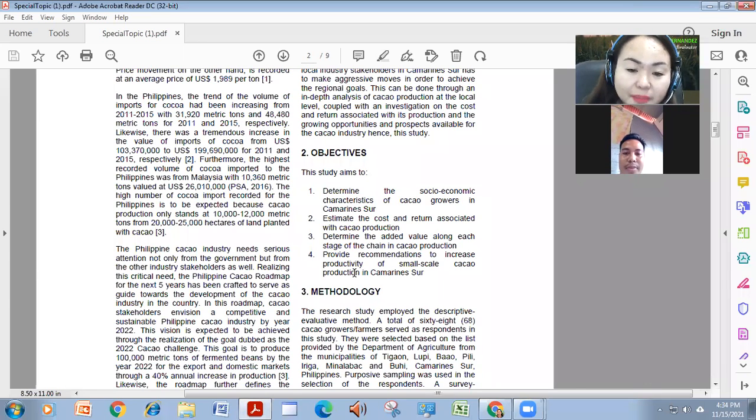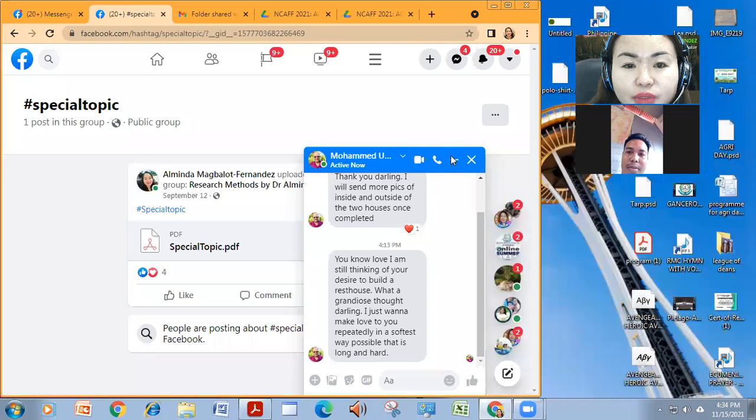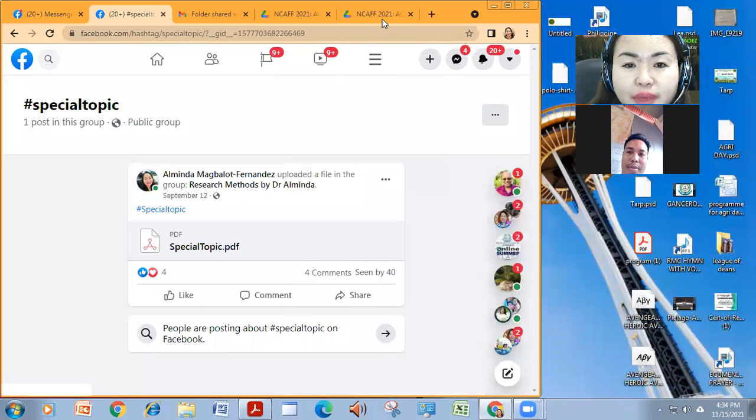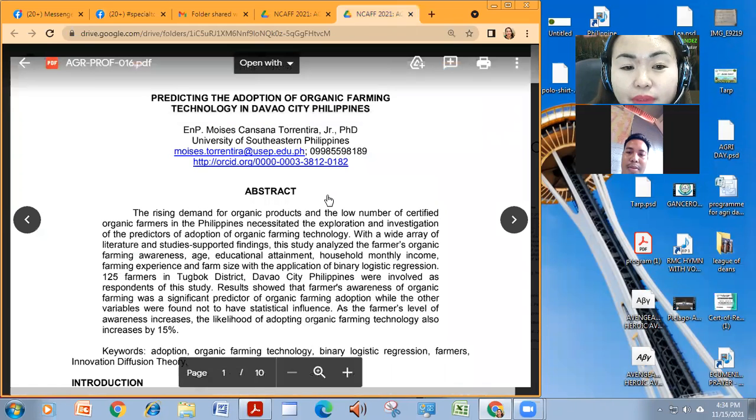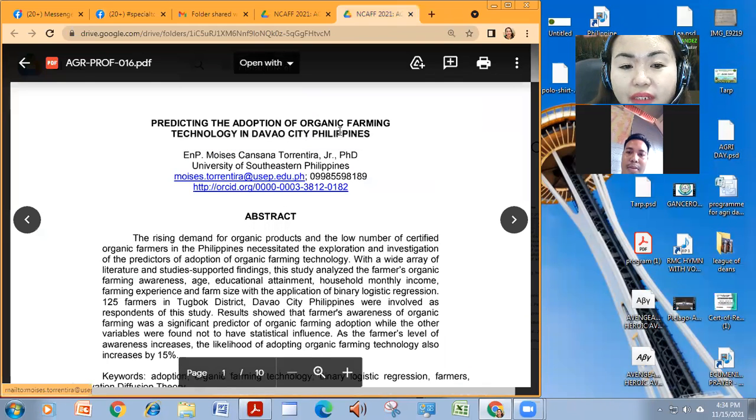So any more questions? I hope some or most of you will be ready with your research proposal. By next meeting, I can also show you some other sample, like this one, predicting the adoption of organic farming technology in Davao City, Philippines.